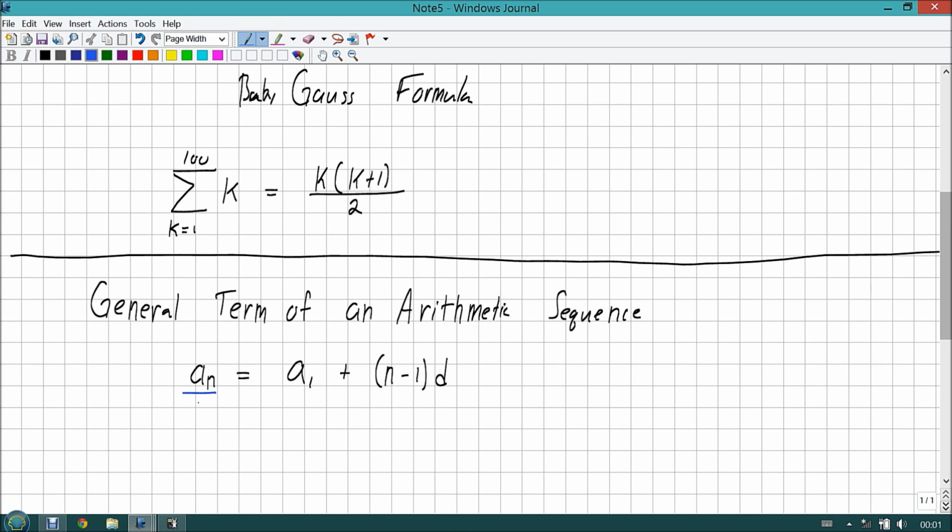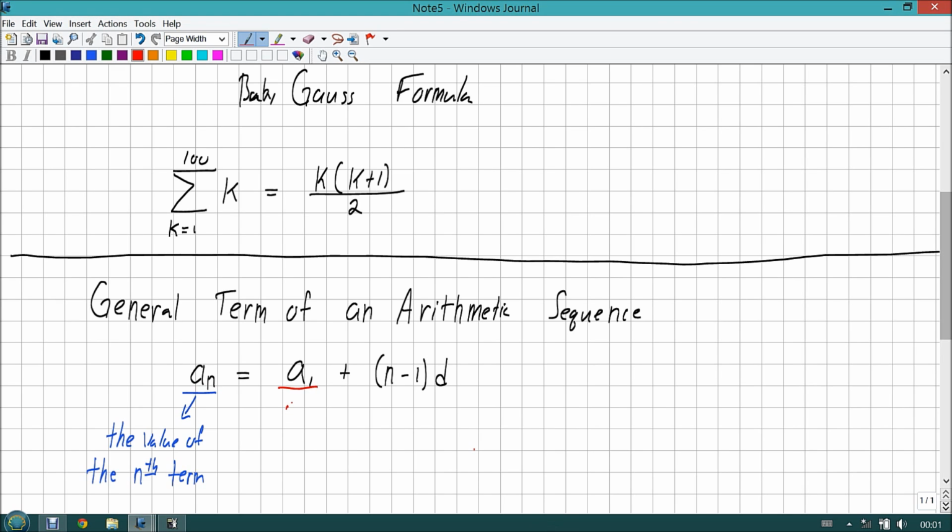A sub n is the value of the nth term. So if we're looking at the first term, this would be the value of the first term. If we're looking at the fifth term, that would be a sub 5, or the value of the fifth term. If it was the 70th term, it would be a sub 70, and it would represent the value of the 70th term.